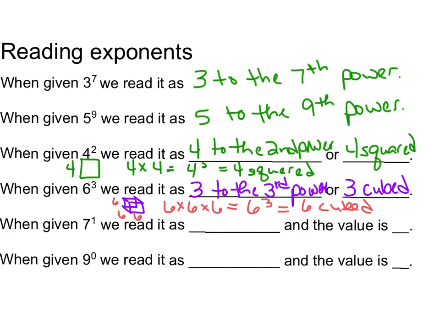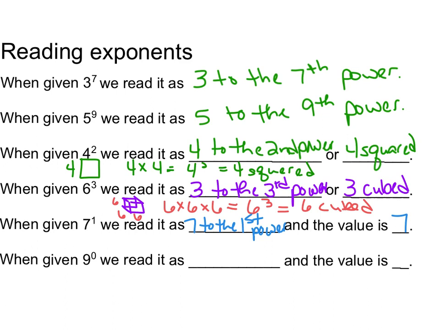So then the next one, when you're given 7 with a 1, we read it as 7 to the 1st power. And the value is going to be 7, because it's just telling you you're writing 7 one time.